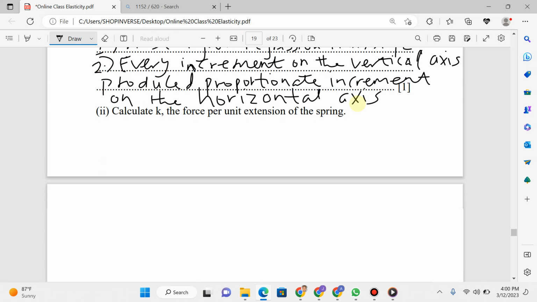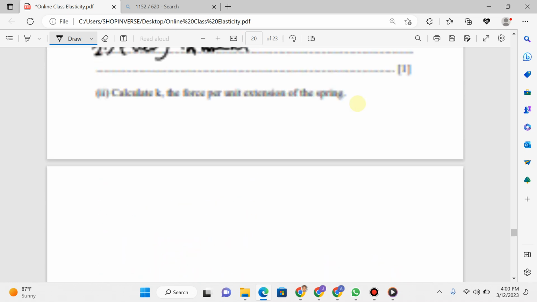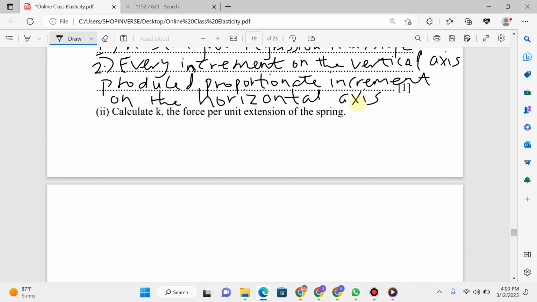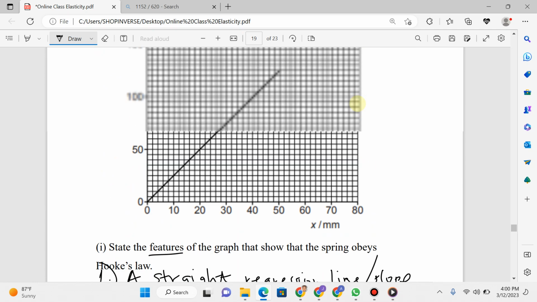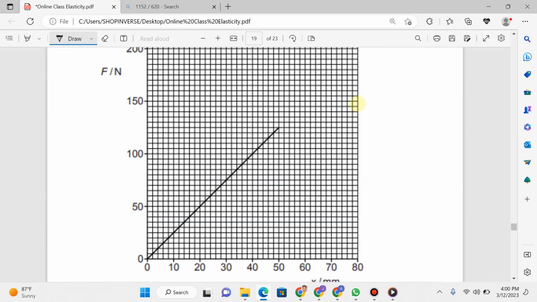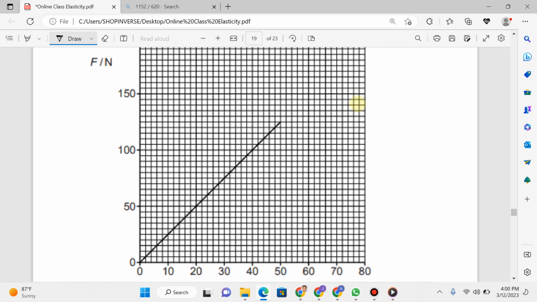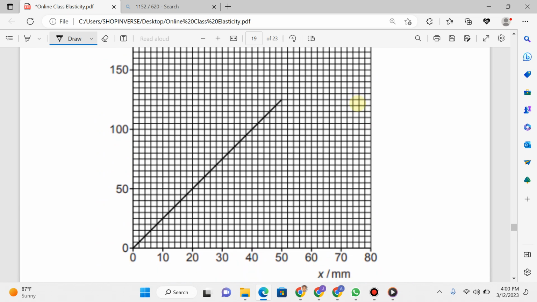That's it. The next question says, calculate the force per unit extension of the spring. So how do you calculate the force per unit extension? The first thing you do is to draw a right angle triangle, and then you pick the values of the points from this triangle. You draw a right angle triangle, and let me use a different color of ink.